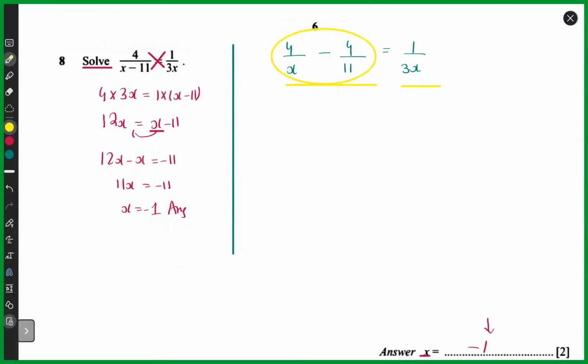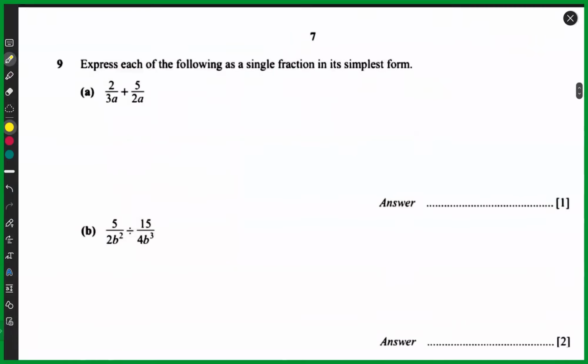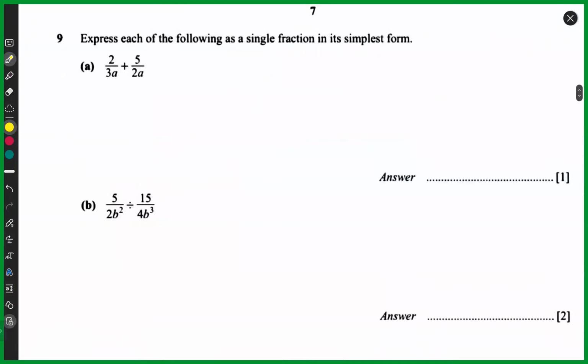Anyways, let's talk about the next question. All right. Something very important related to fractions. Express each of the following as a single fraction in its simplest form. Now what is happening?